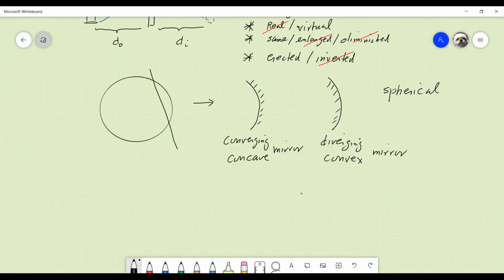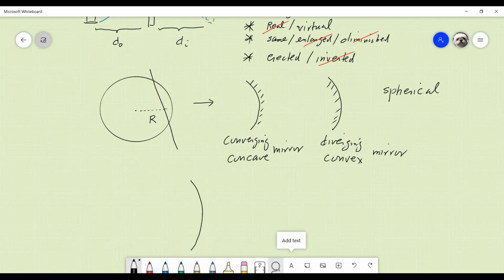Now, I know that for a sphere, I have something we call what? What does R stand for? Radius. The radius, right? Now, why do we call them a convergent mirror? So I'm going to redraw this here. There are different ways we can redraw that. The simple way is just to draw this.